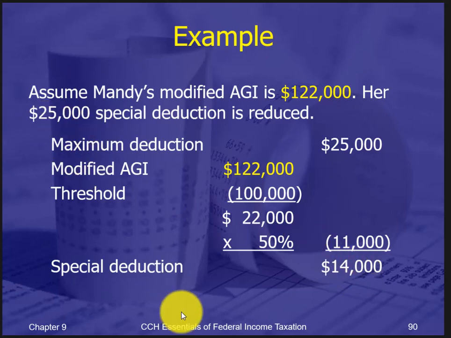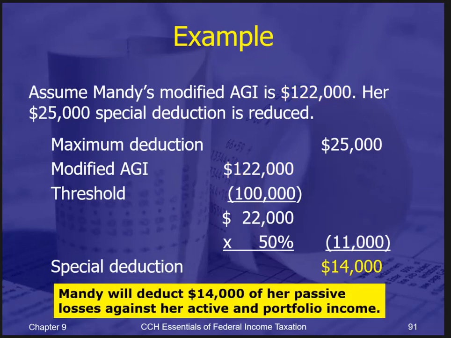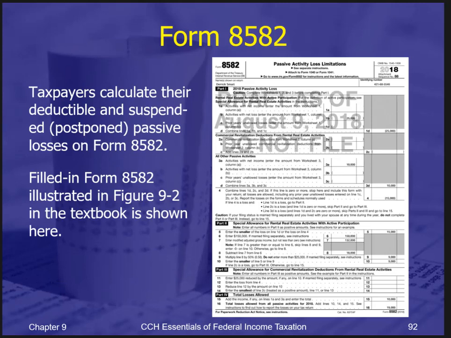So Mandy could deduct up to $14,000. Whatever the loss is, up to 14,000, no more. Any additional loss would have to be carried forward. All of these are calculated on Form 8582. We're going to come back to that in part 3 and look at this in more detail.